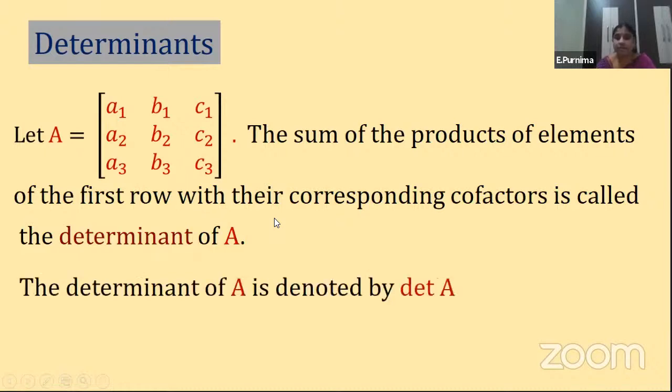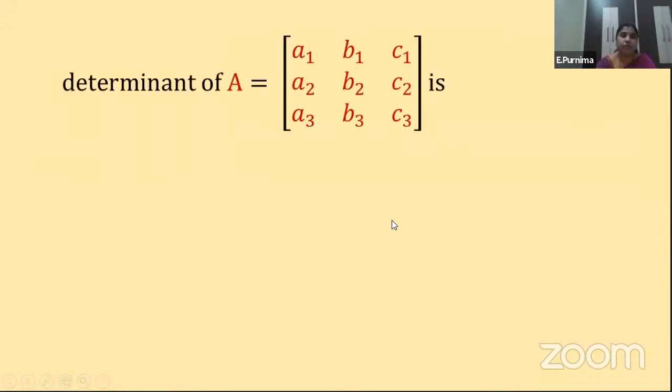The determinant of A is denoted as I already discussed in the last class: det A, or delta, and we always represent the determinant between vertical lines. Instead of writing all the elements, you can simply write the determinant of matrix A. Now, how to find the determinant?